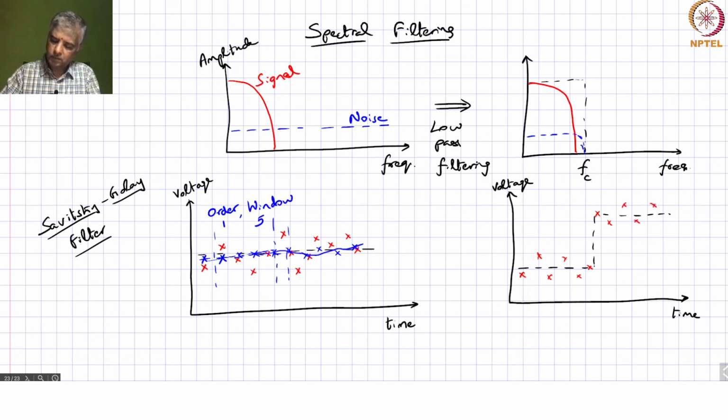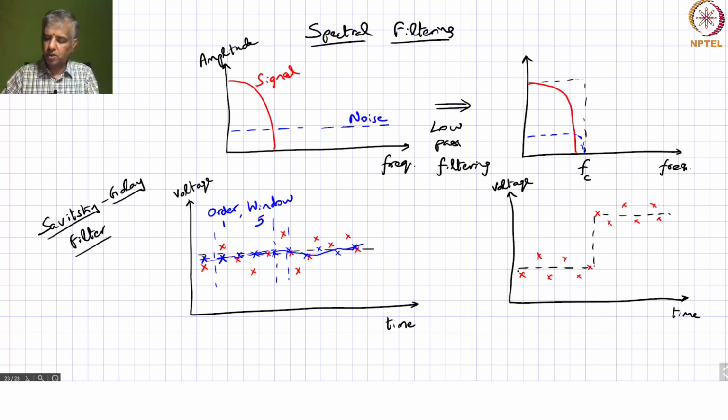Then if you do this order 1 window 5 over here, it works very well in this region, but when it comes to this region, it will tend to smooth over. So I'm just going to draw the effect of that.